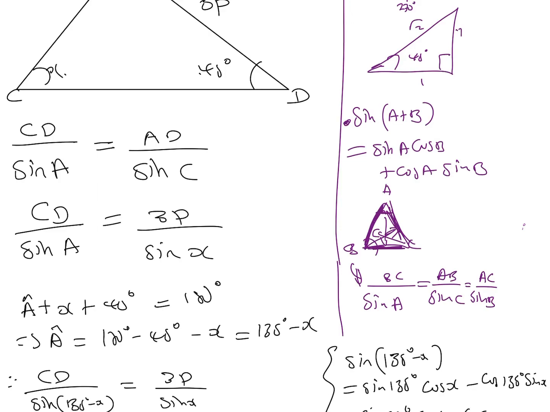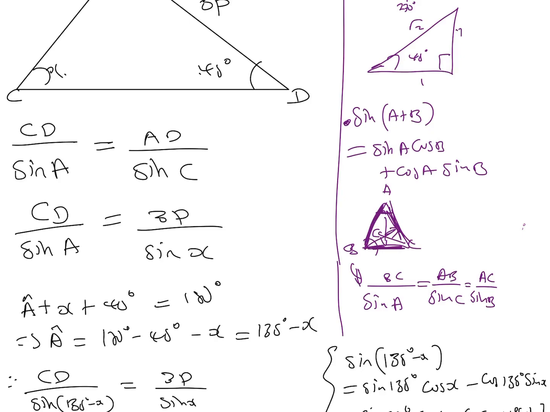You write negative cos, and then 180 minus 135 gives you 45 degrees, sine x. As you've calculated, negative and negative cancel and become positive. So you're going to have plus cos 45 degrees sine x.